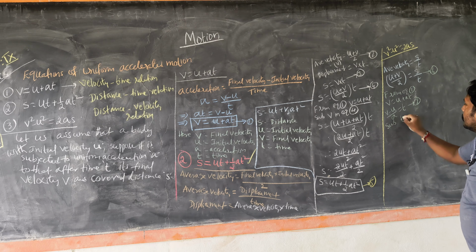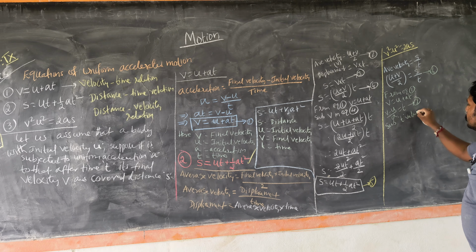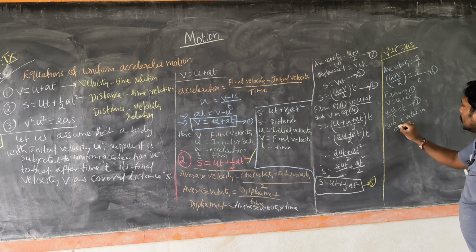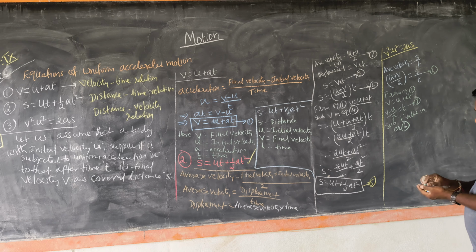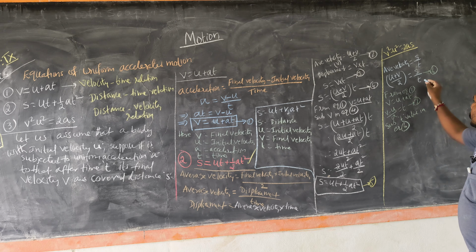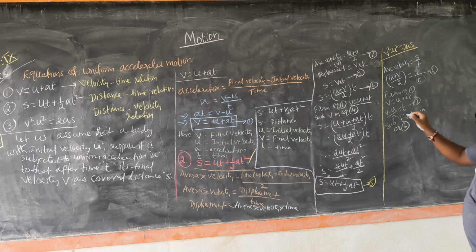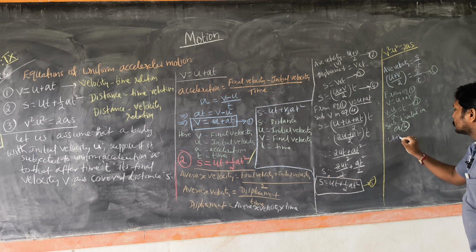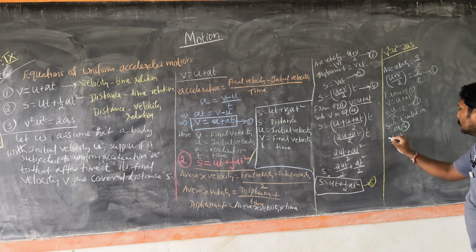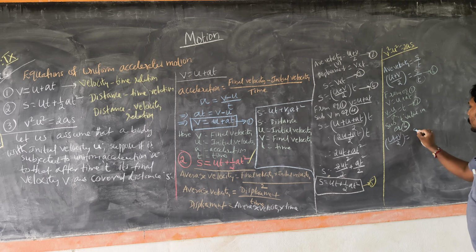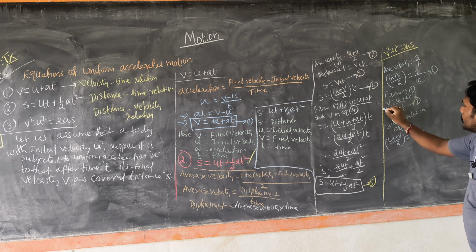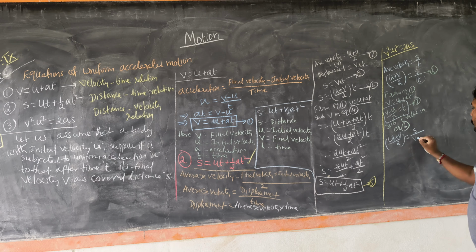Substitute the t value in equation 6. In place of t we write this value: u plus v by 2 is equal to s by t, where t is v minus u by a.